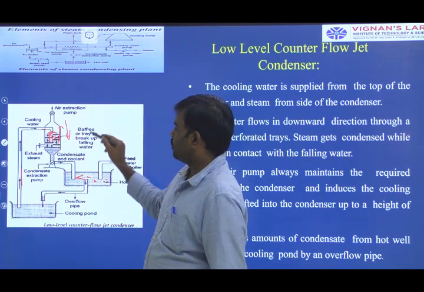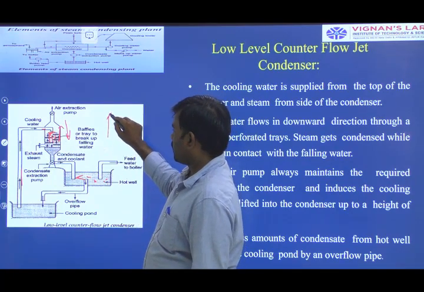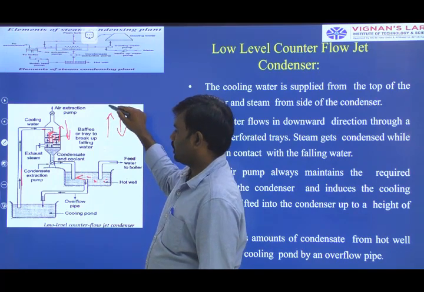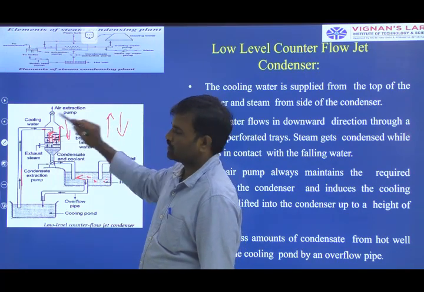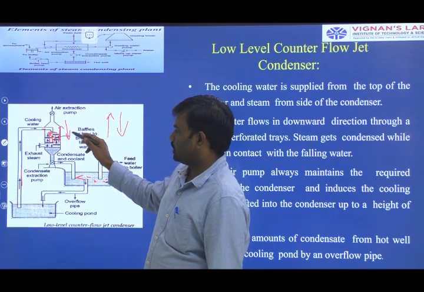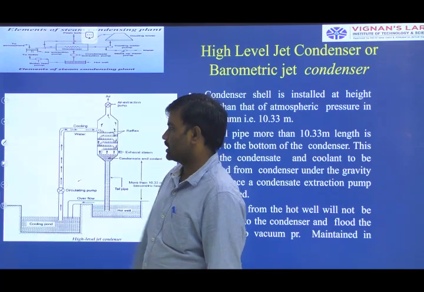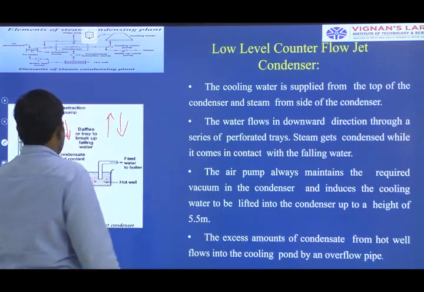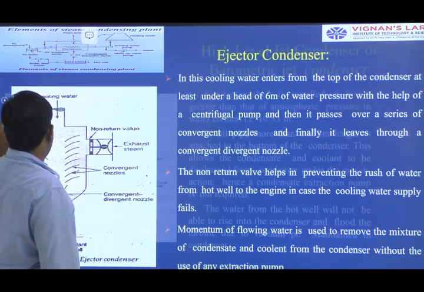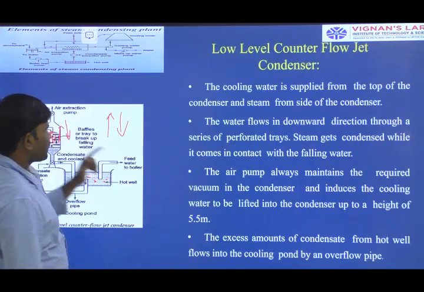That means both fluids flow in opposite directions. The cooling medium flows downward and the exhaust steam flows upward inside the condenser. But in a jet condenser, both fluids mix inside the body of the condenser. The same working I explained here.